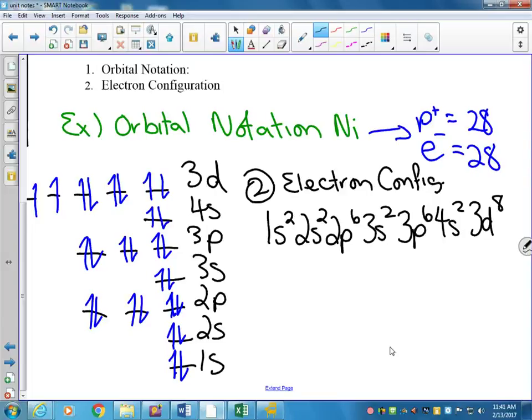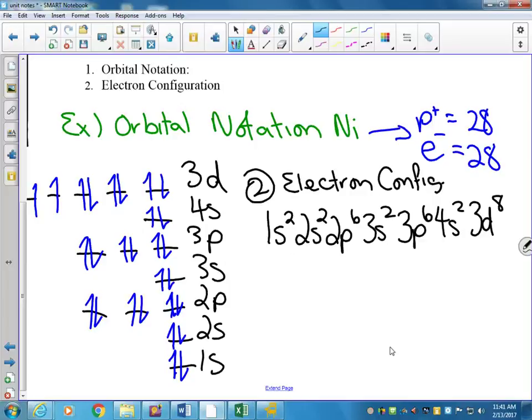How many electrons are in that orbital? Okay? So 1s squared, 2s squared really means in the principal quantum level 2 and sublevel s, there's 2 electrons filling there. 2p6 says in principal quantum level 2, sublevel p, there are 6 electrons sitting there.